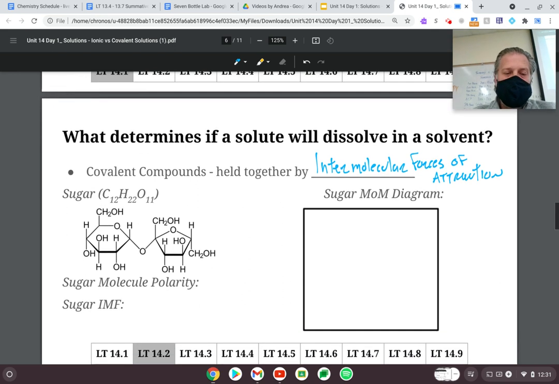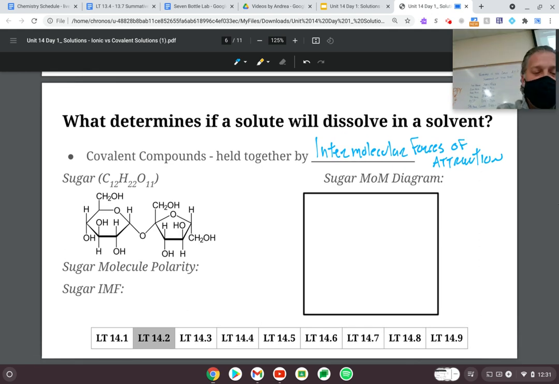Specifically, in this instance, I see a lot of different things going on in the sugar molecule. Hopefully we know that because it's a molecule, it's going to have London dispersion forces, or LDF. I also see a lot of OHs here, which means there's going to be hydrogen bonding.